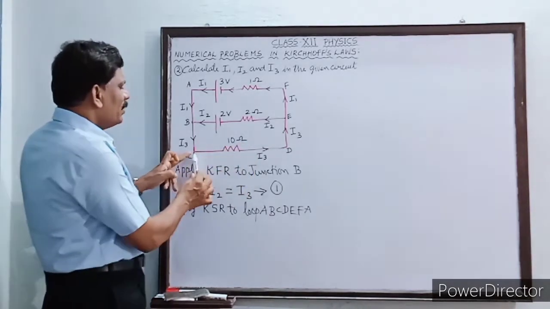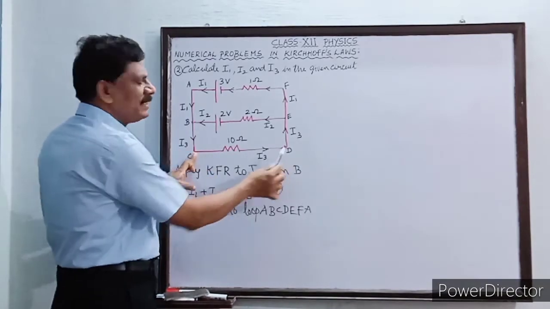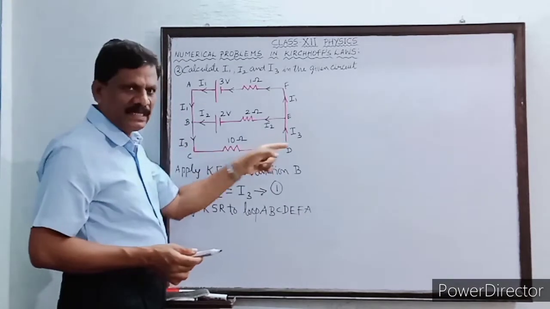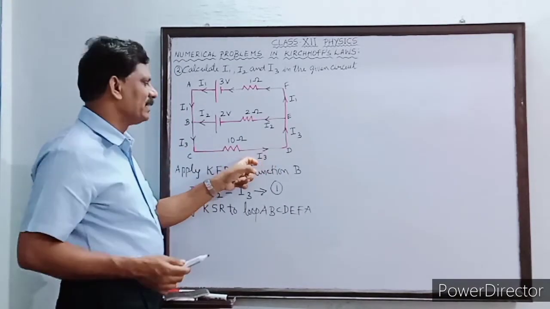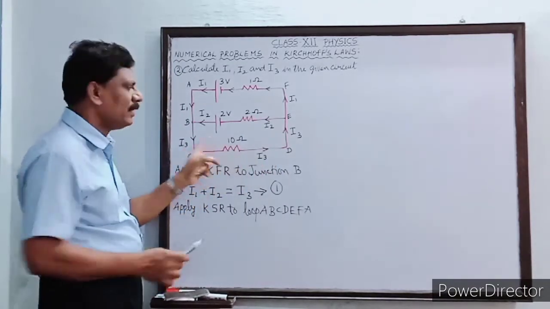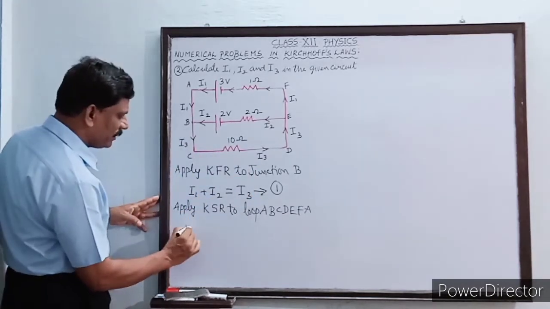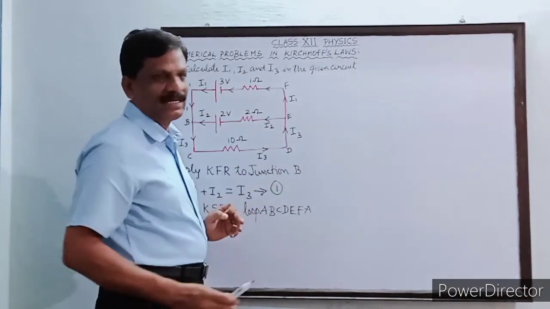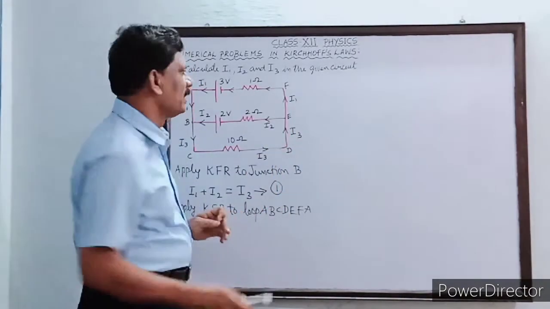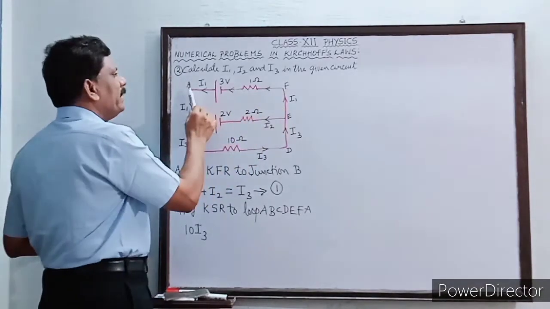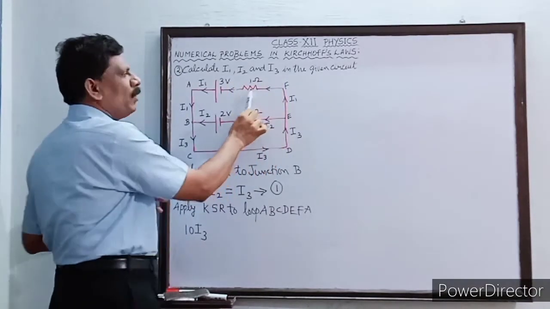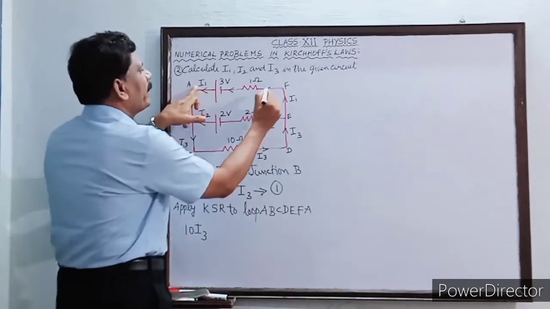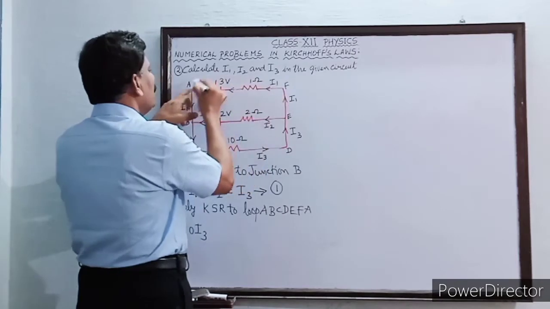I am moving from C to D, and the current also is flowing in the same direction, therefore the IR product should be positive. So 10 I3. Then D to E no resistor, and E to F also no resistor, and back to A, F to A. When I proceed from F to A, there is only one resistor, of 1 ohm. What current is flowing through that? I1 ampere.